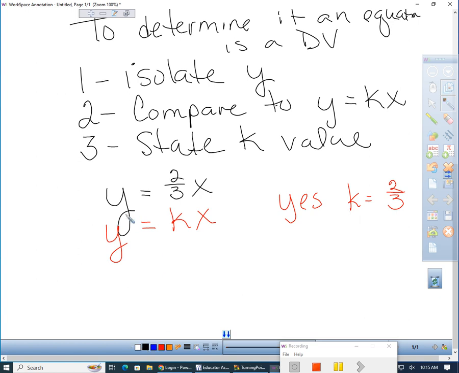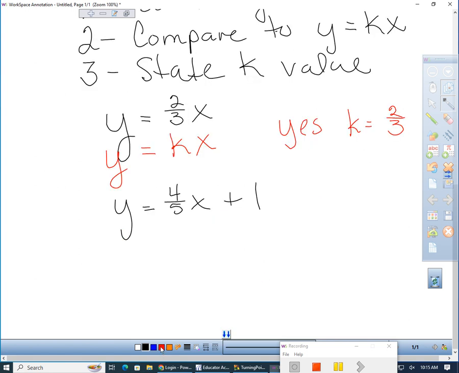Whereas if I had, once I got y by itself, y equals 4 over 5x plus 1, is this in the form y equals kx? You would just say no. The real trick here is being able to isolate y so that you can compare them.